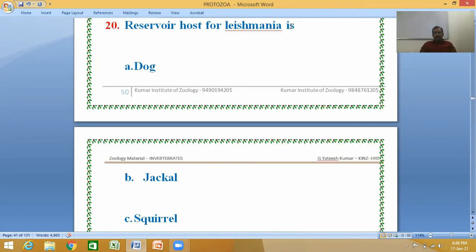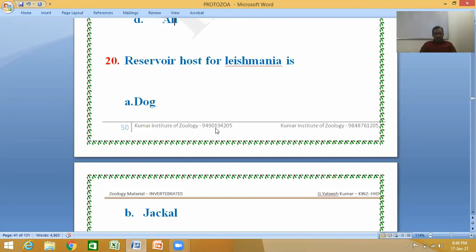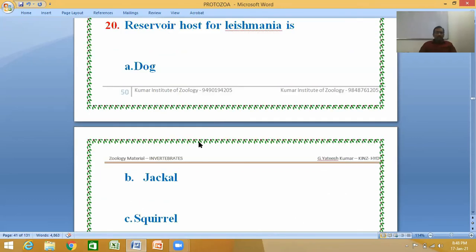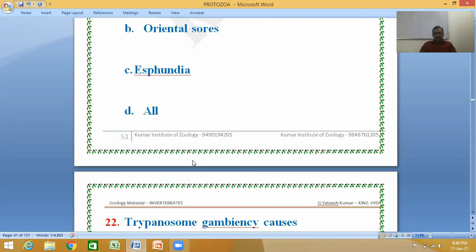Reservoir host of Leishmania is dog, jackal, squirrel, all. Answer is D. It can maintain its life in reservoir hosts like dog, jackal, and squirrels. Leishmania causes Kala Azar, Oriental sore, and Espundia. All these three diseases are collectively known as leishmaniasis. So option D is the right answer.